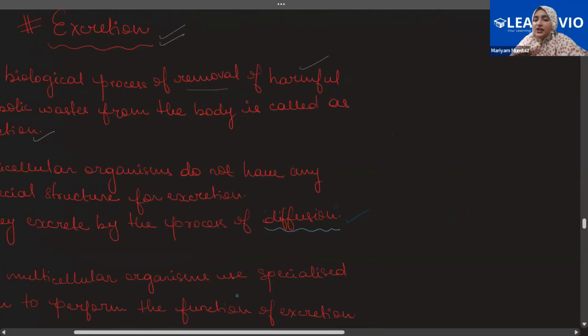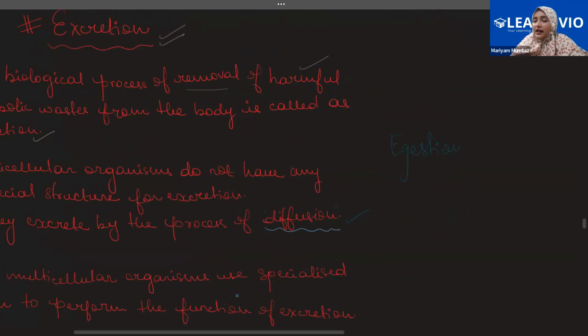The other name for egestion is defecation. Egestion means letting out the undigested waste from our digestive system through the anus. That is how we remove the waste in terms of food. And here in excretion, it's not about food, it's rather about the blood being filtered. So it is the filtration of blood. Clear?